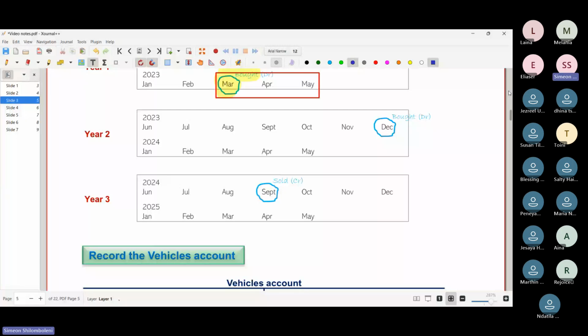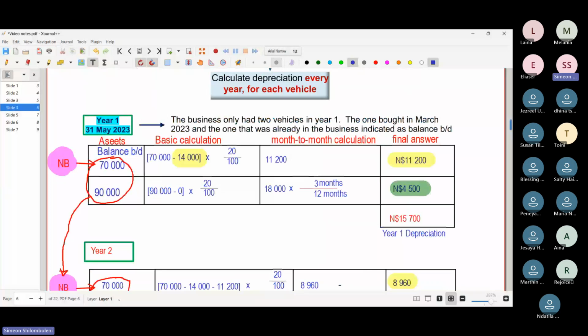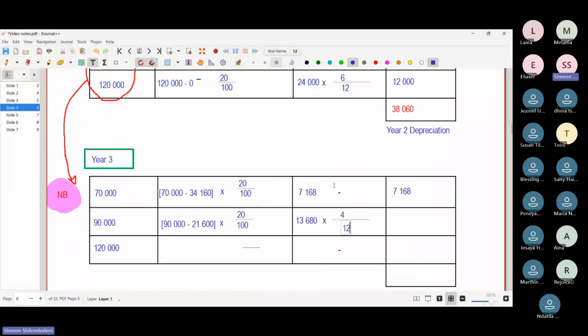So that's now the only time that you are going to make 4 divided by 12. That means you only make the month-to-month calculation when you buy something in the middle of the year or when you sell something in the middle of the year. So in this case, how much are we going to get? 4,560.